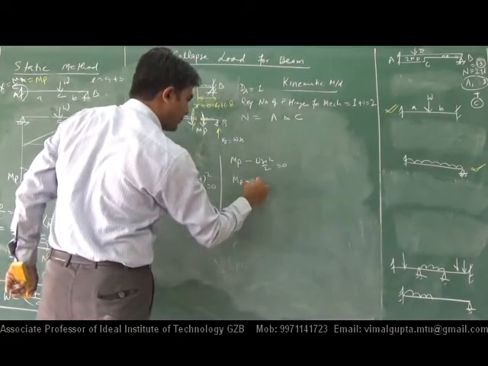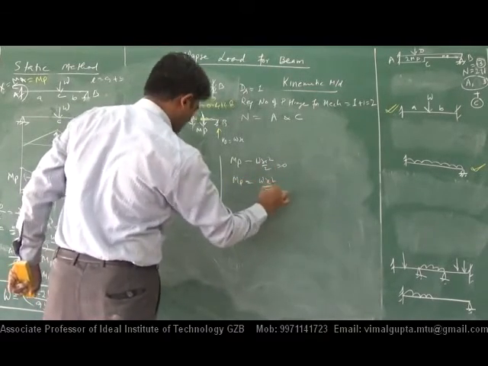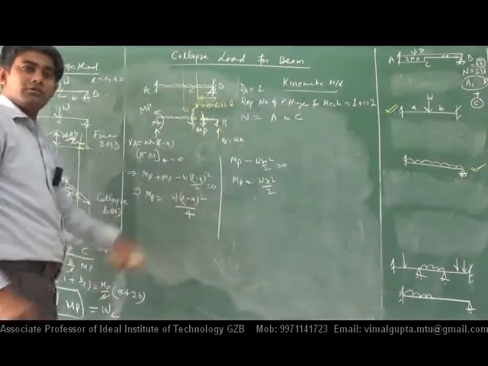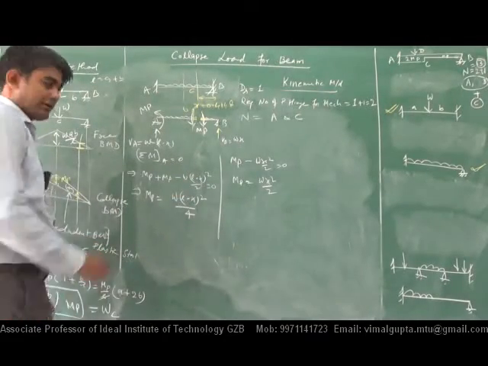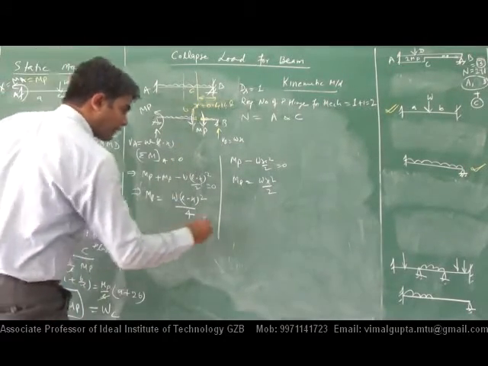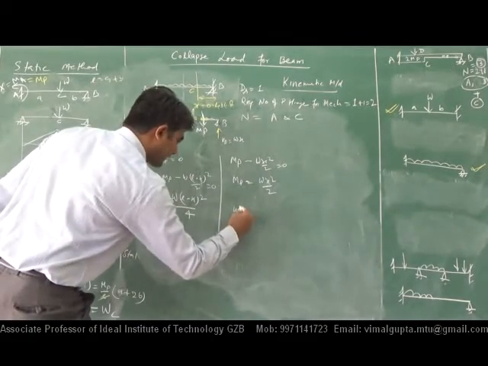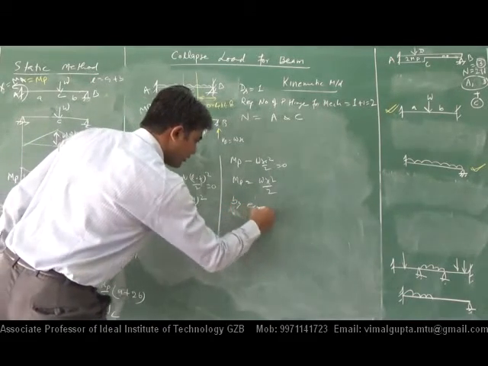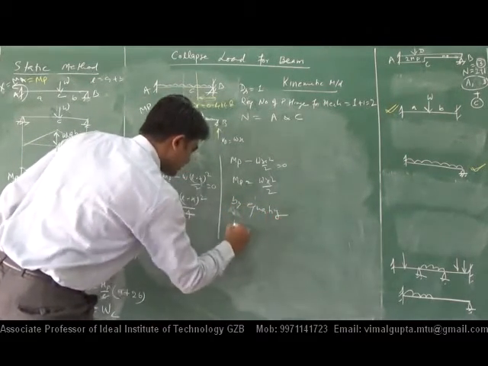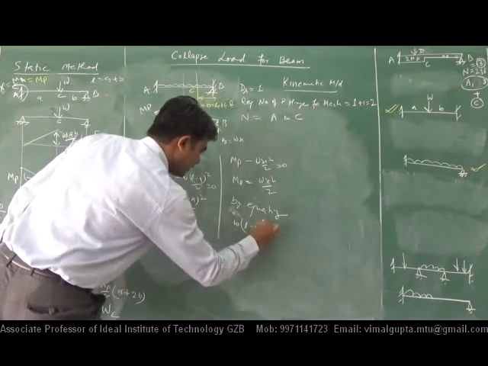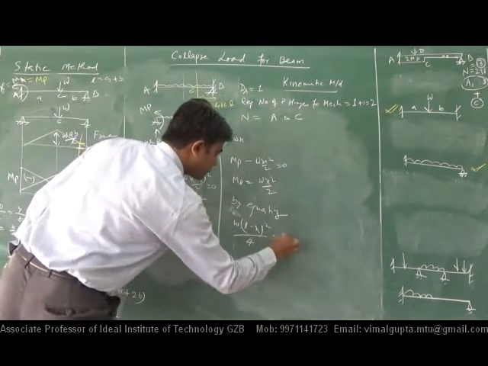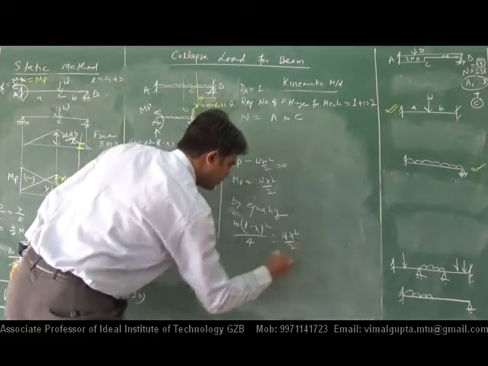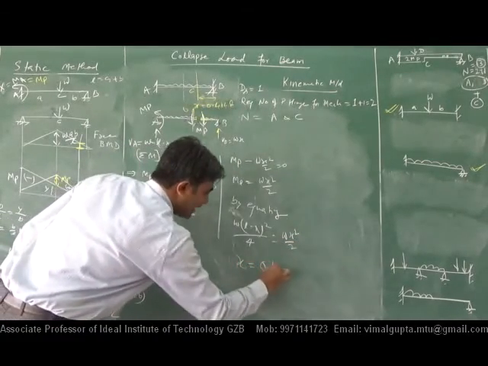So the value of MP is W X square by 2. Equate both to get the value of X. By equating W L minus X whole square by 4 equals W X square by 2, you will get X equal to 0.414 L.